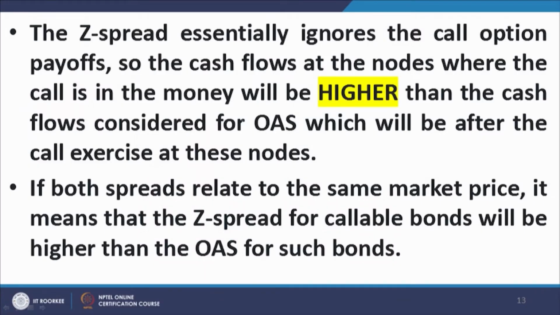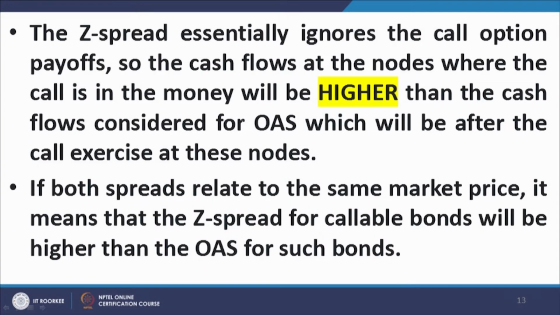The Z spread would be higher and the option adjusted spread would be lower, because the option adjusted spread will contain no option risk element, whereas the Z spread contains the option risk element in addition to credit and liquidity risk. Option adjusted spread contains only liquidity risk. We eliminate the risk due to option exercise. The Z spread essentially ignores the call option payoffs.